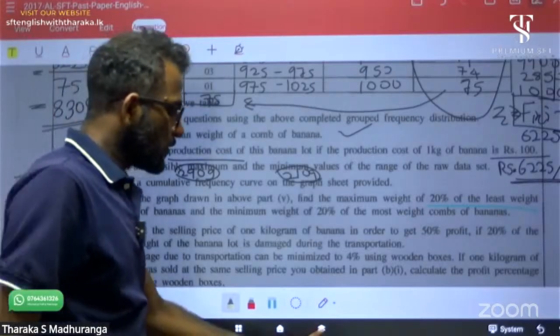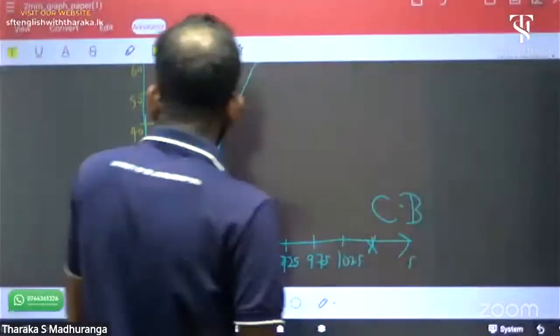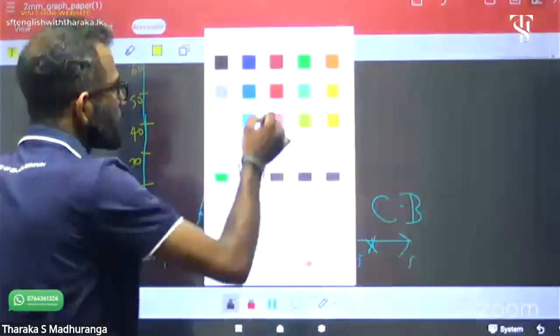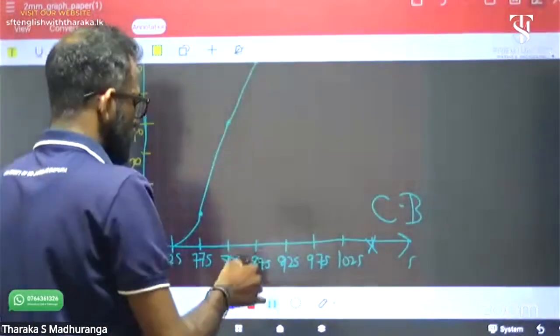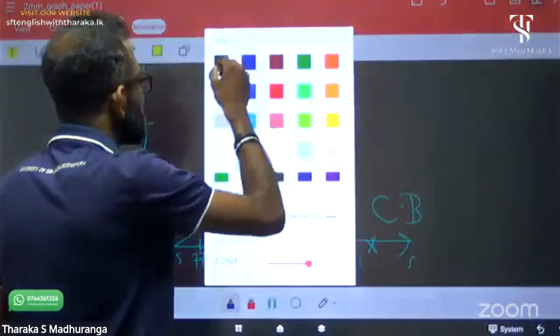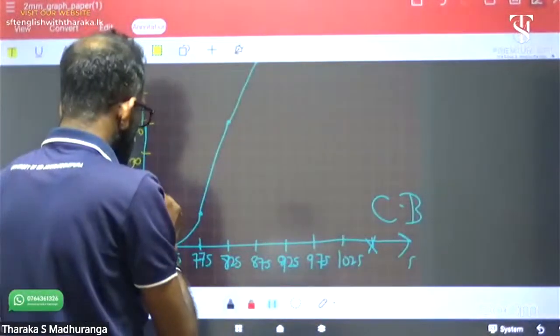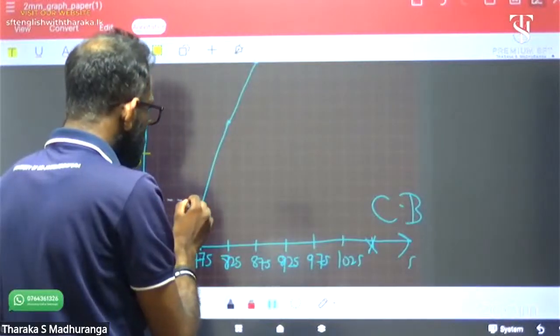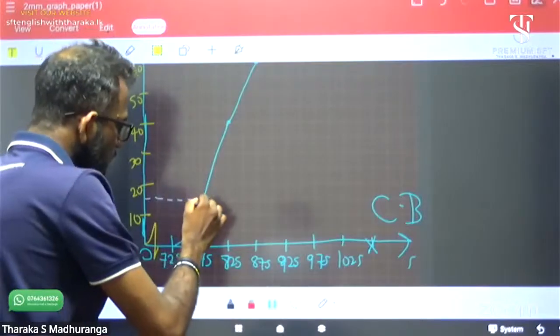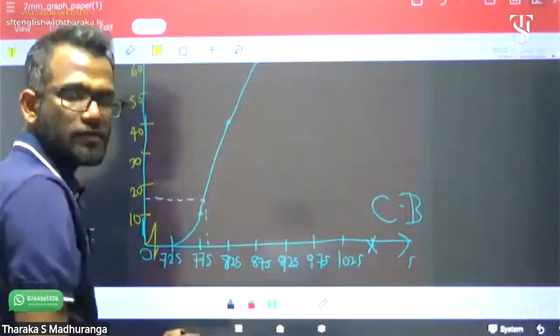You can select the first 15 least and get this mass.